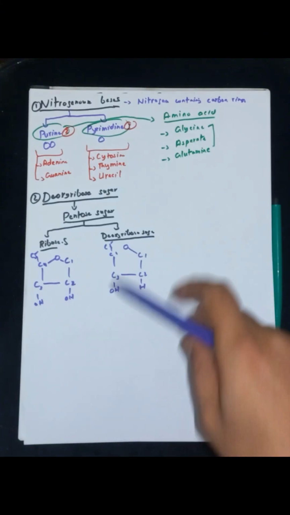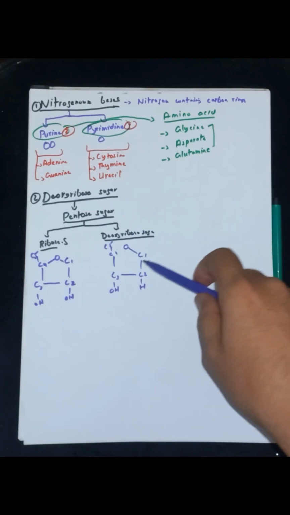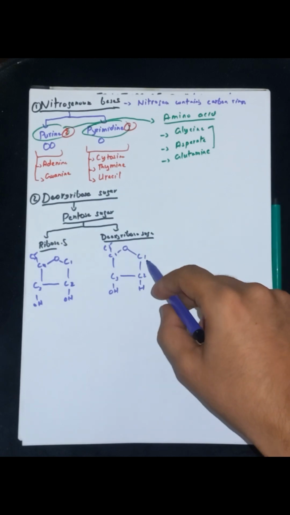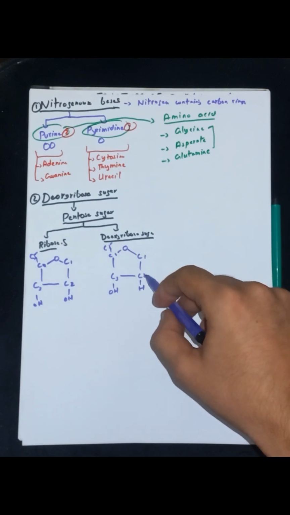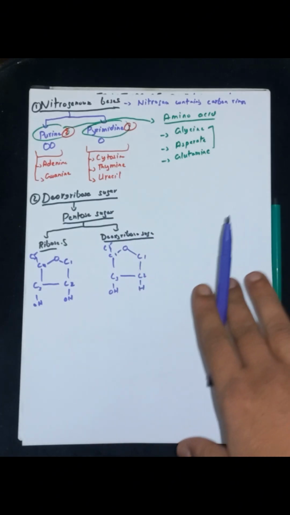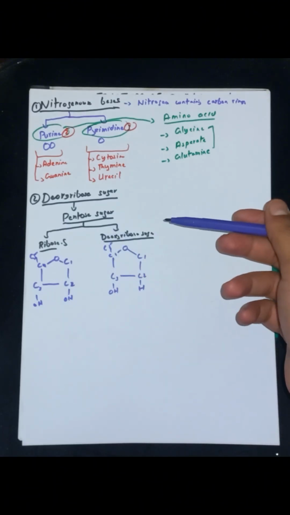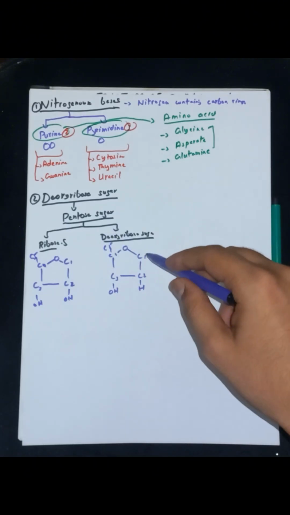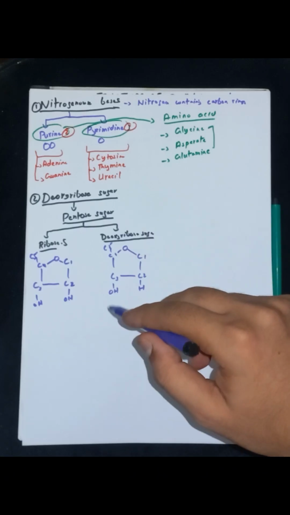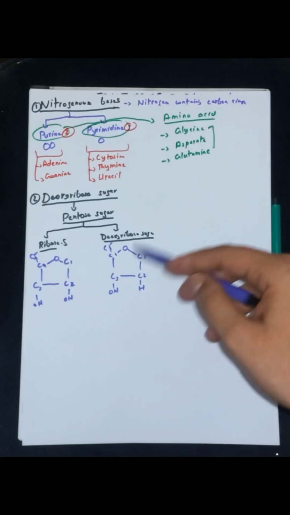Okay, so this is just a simple structure of deoxyribose sugar, and we know what it is made up of. It is made up of carbon, which is an element, 5 carbons, 5 atoms of carbon, and oxygen. The smallest things in the world are the atoms of elements, and if we go into their detailed structure, then the smallest things are protons, neutrons, and electrons, and much smaller than them are the quarks, which we are not really going to discuss.